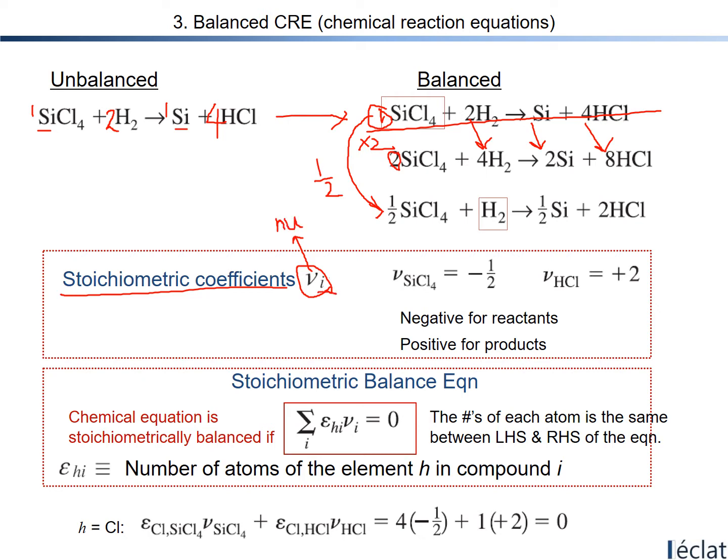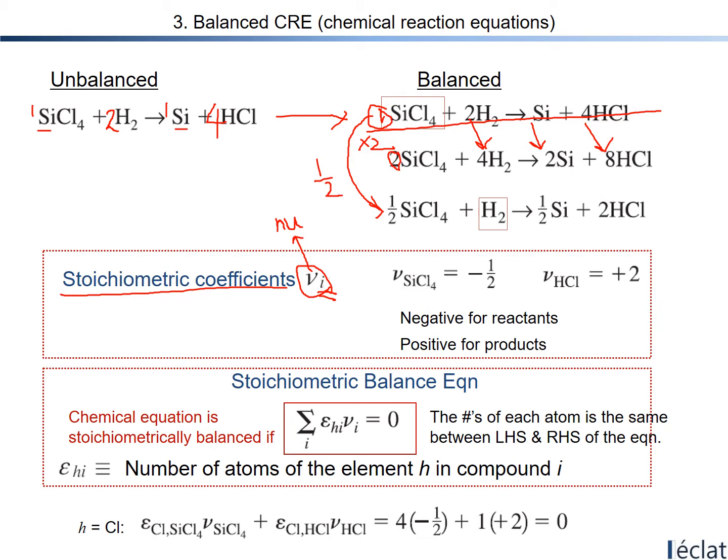And I means the entity or molecule of the chemical reaction equation. So sometimes I is silicon tetrachloride, sometimes H2, sometimes silicon, or hydrochloric acid.